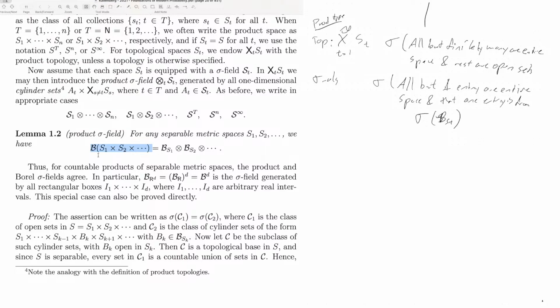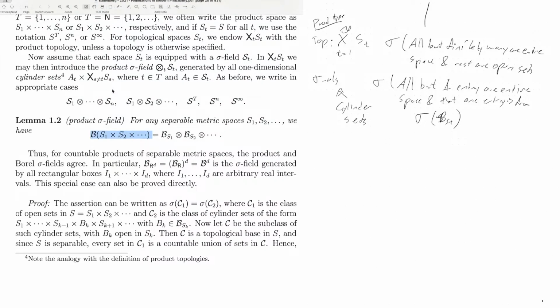Okay. So C1 here is blah, blah, blah. Okay, and cylinder sets. So the sigma algebra is the one with cylinder sets. Hard to keep this all in my mind. So let's see here.